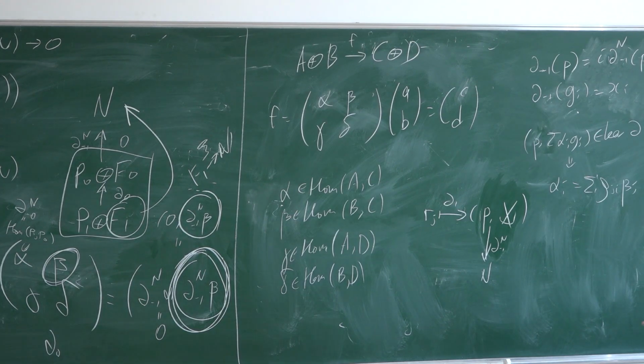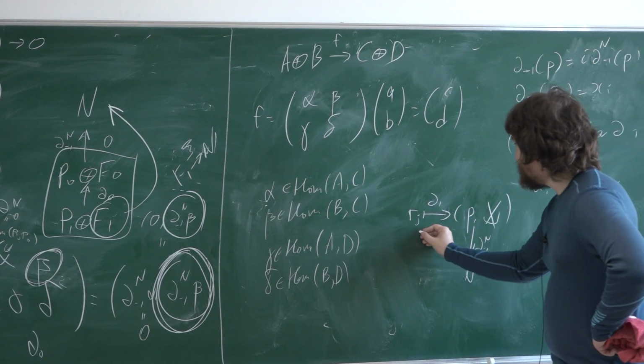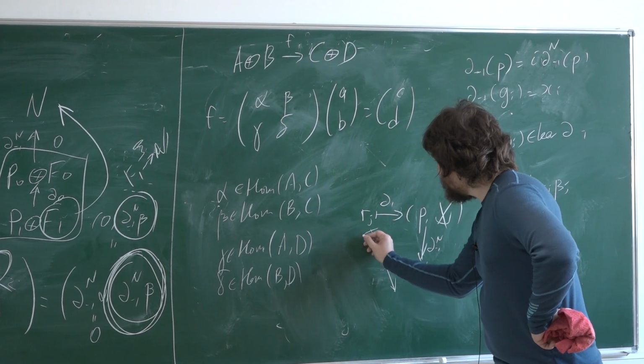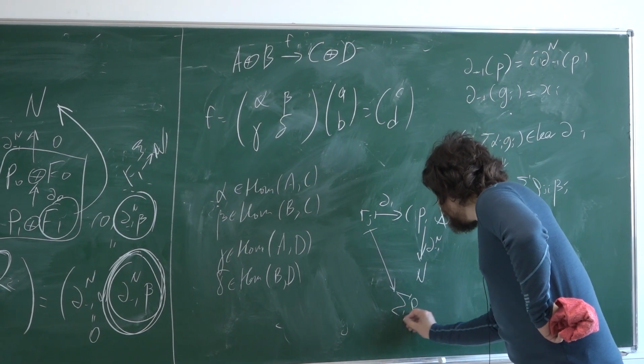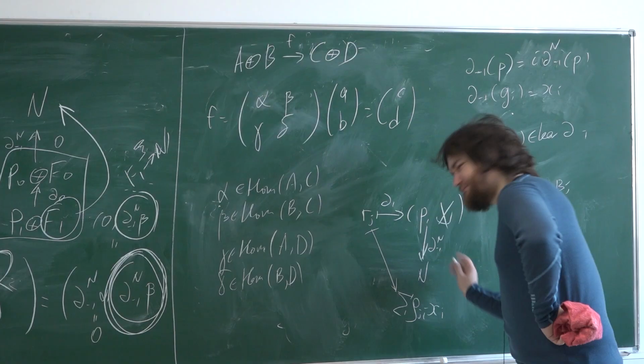From this observation, it's more or less obvious that this rj goes to rho ji xi.